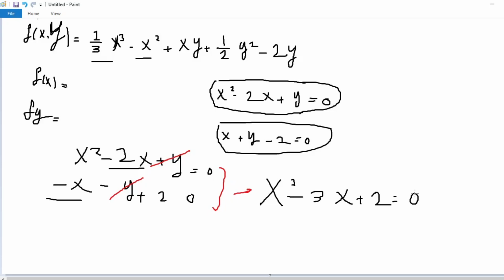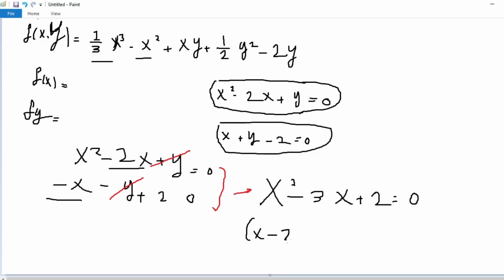Now, can we solve this equation easily? Yes, we can. How? We need to take two numbers that the sum of them is negative 3, and they multiply to positive 2. So we can take 2 and 1, or negative 2 and negative 1.